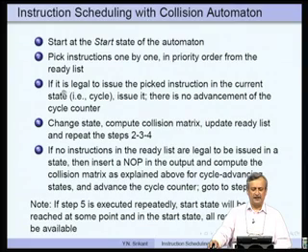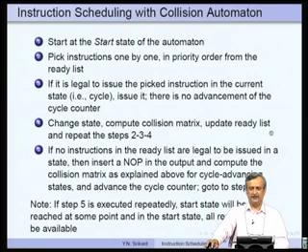If it is legal to issue the picked instruction in the current state, that is you have a 0 corresponding to that instruction class in the state matrix, issue it. There is no advancement of the cycle counter now, but there is a change of state on that particular instruction class. Take that arc, go to the new state, and compute the collision matrix by ORing the state matrix with the collision matrix of the instruction class.